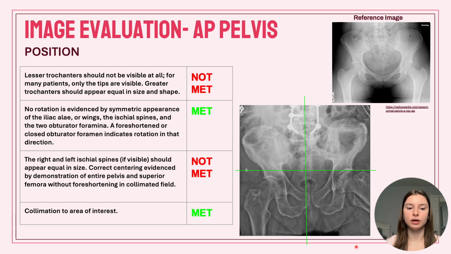And then collimation to area of interest, I did say met because you can see the whole pelvic girdle, and although part of that left femur isn't on there, it's just because that leg was externally rotated, but you can still see that greater trochanter and lesser trochanter here.